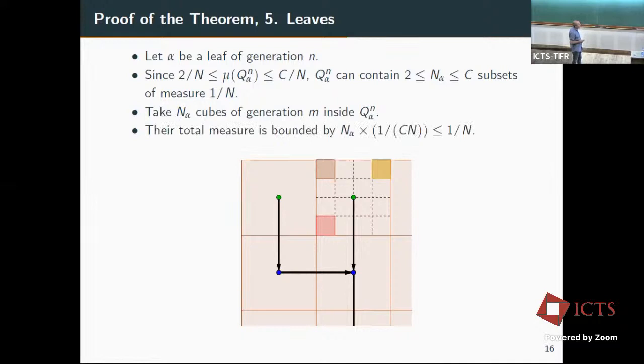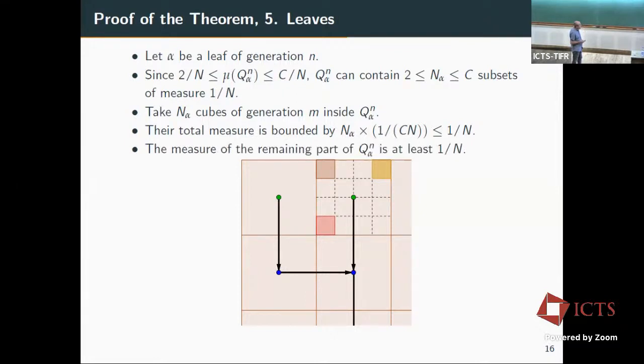The total measure is bounded by this number: n alpha, and the measure of each cube was smaller than 1 over C to the n. So each one of these cubes has measure smaller than 1 over n. The total measure of the cube is bigger than 2 to the n.